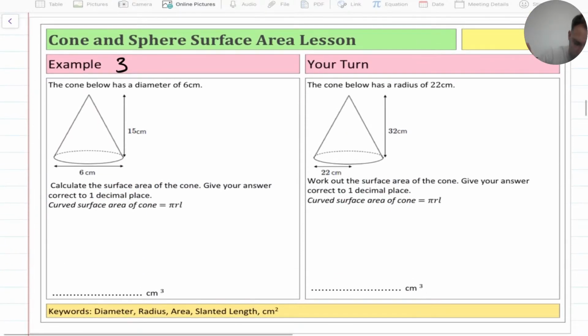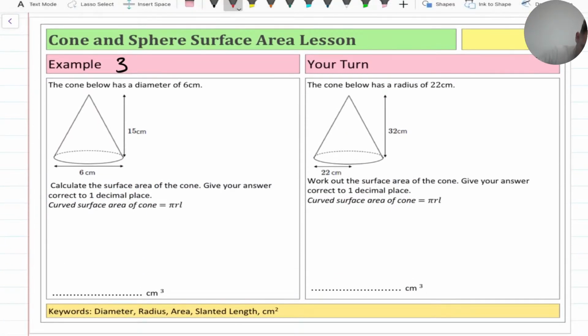So just while we're doing this one, the first thing I'm going to do, always, is write out what the radius and the diameter is. Well, my diameter in this one is equal to 6 centimetres. My radius is equal to 3 centimetres.